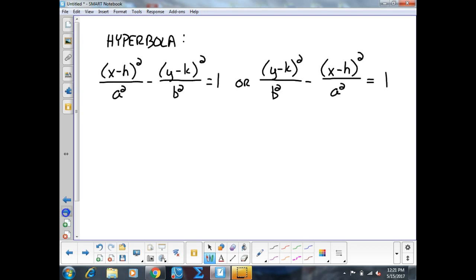What do we have? Got a center. What else? We got asymptotes.